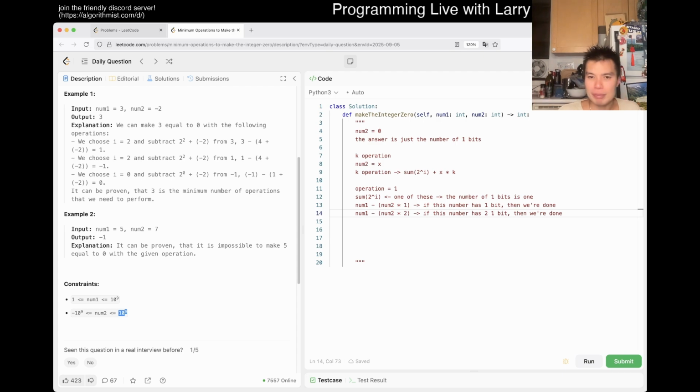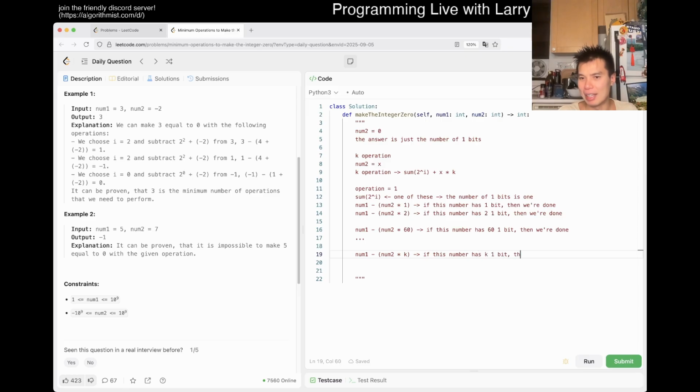Because then it is just going to be num1 minus num2 times 60. If this number has, remember, this is exactly, if this has 61 bits, then we're done. But keeping in mind that obviously at a certain point you can't. As we said, this is num2 times k, and hopefully this pattern is obvious now. If this number has k 1 bits, then we're done.